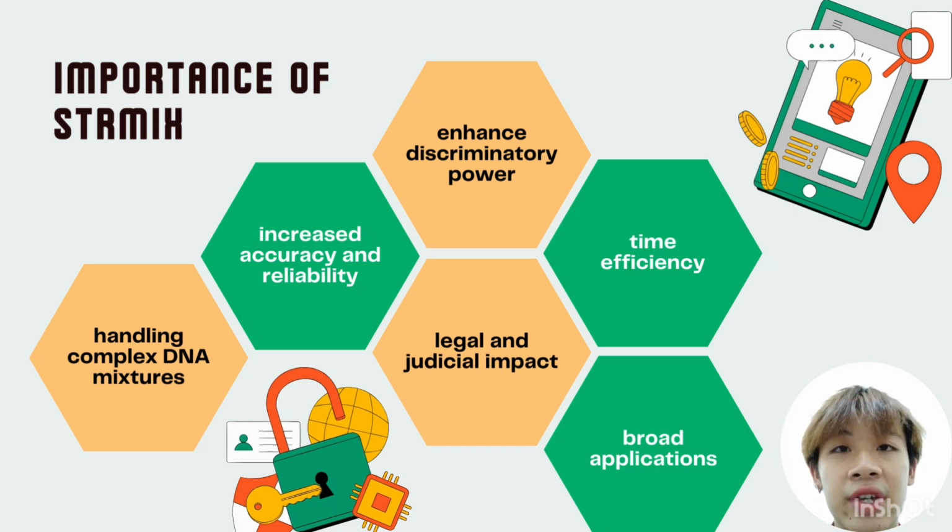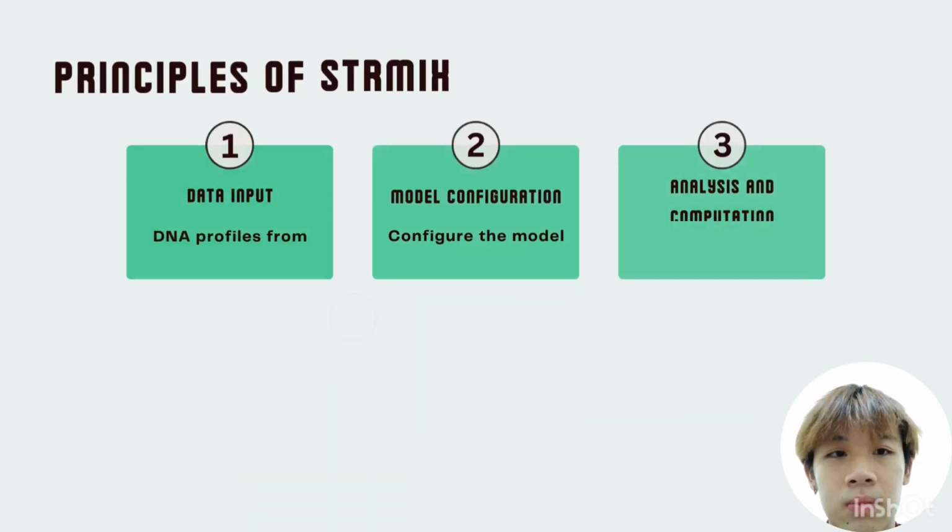STRmix can reanalyze old or degraded DNA samples, potentially providing new leads in unsolved cases. The software is also available in civil cases such as determining familial relationships or resolving inheritance disputes.